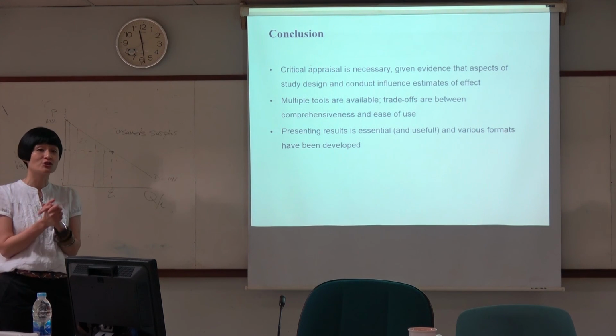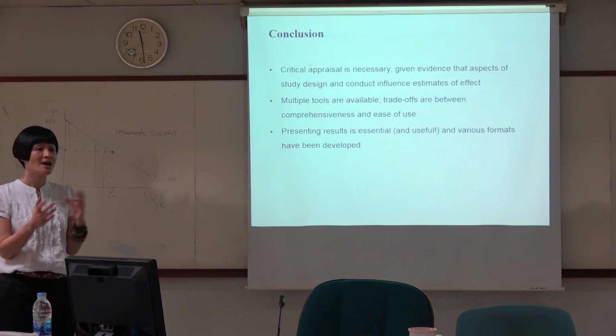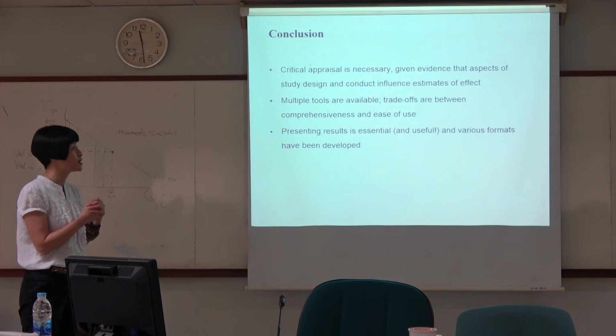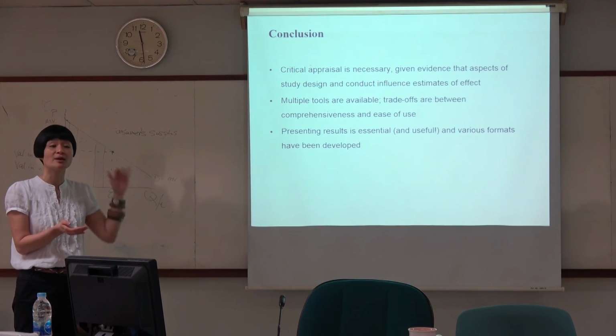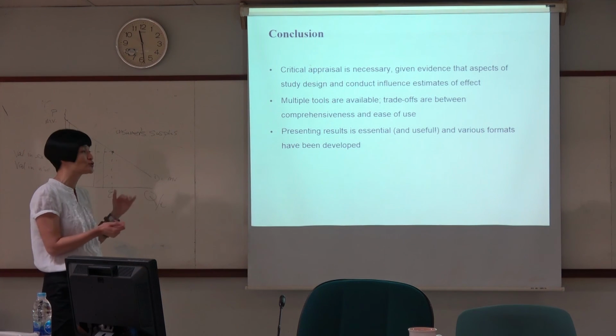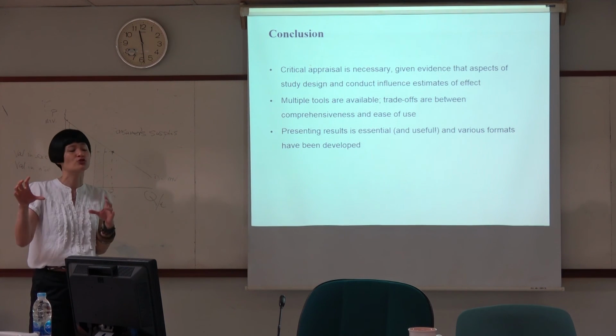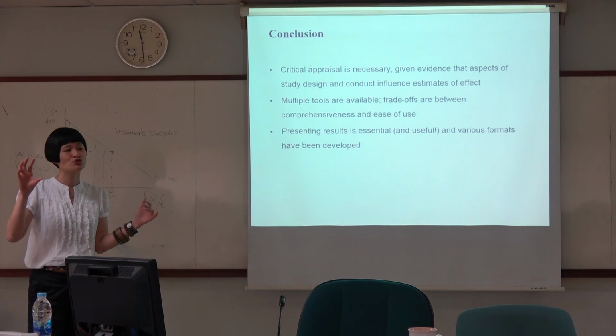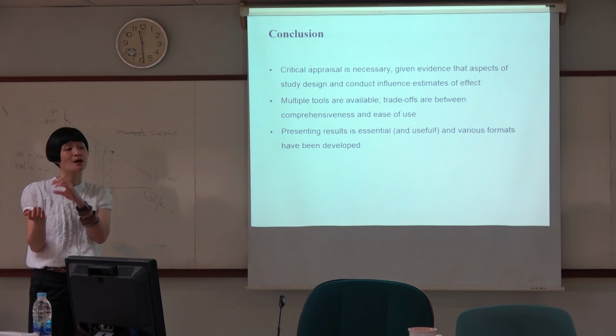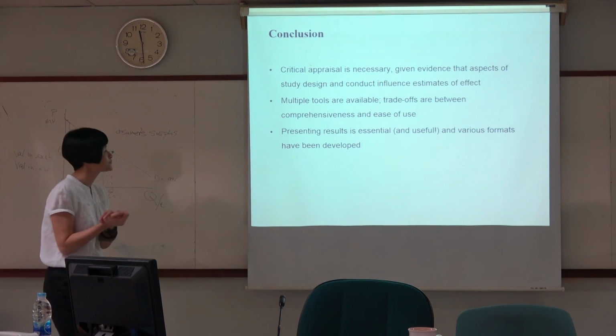So I encourage you to go and have a look at the Equator website and pick one that you think is appropriate, and benchmark it against the statement of quality of study, against the CONSORT statement, for instance, if you're doing randomized control trials. If you're picking a short tool, look at the CONSORT statement. Is it short? It's fine that it's short, but does it cover all the important elements?